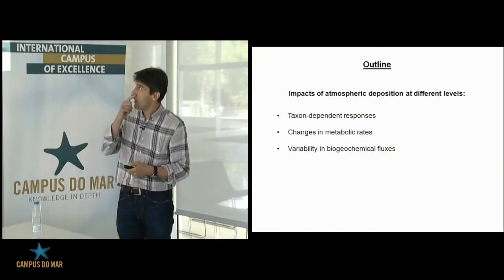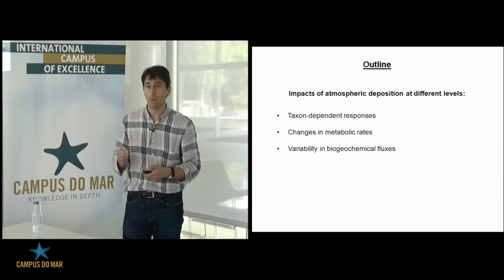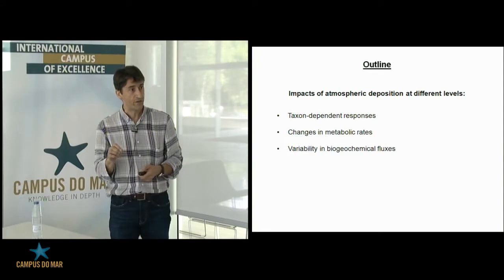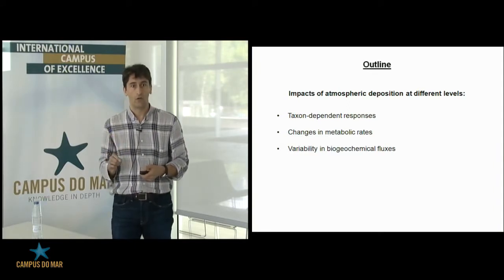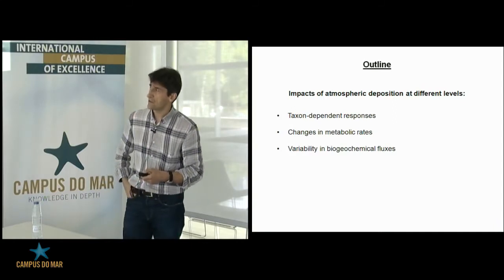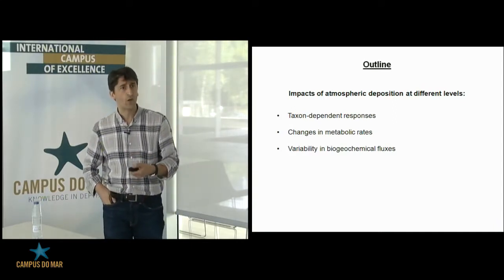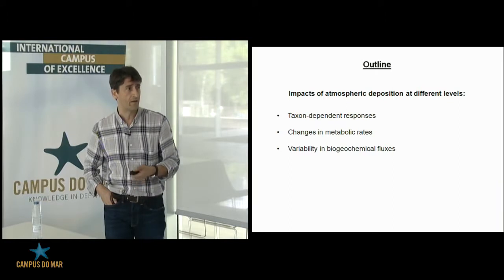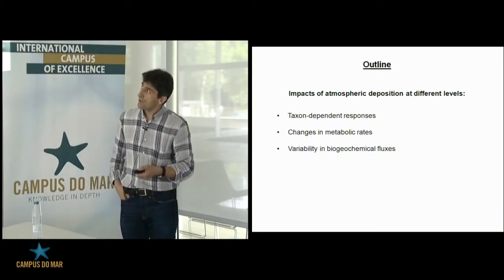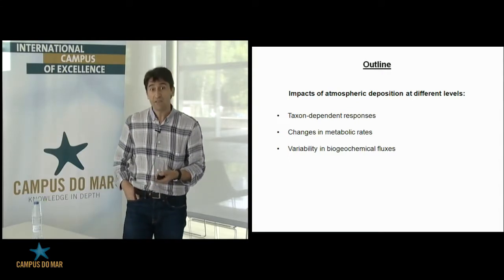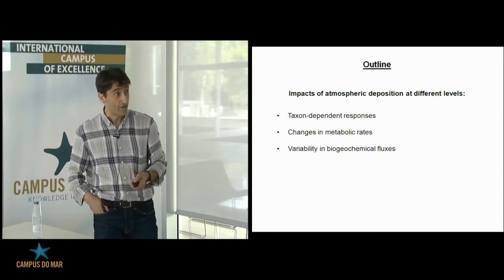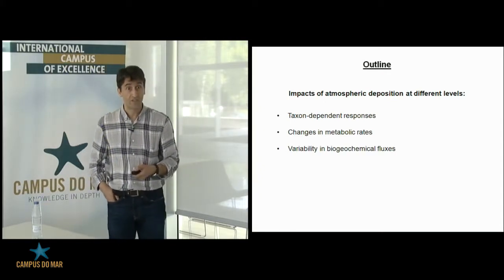The way I've organized this overview is I will try to show how different taxa can respond differently to atmospheric deposition events, and in particular to dust deposition events. I want to emphasize that different components of the community can easily show different responses. I will move on to discuss some changes in key metabolic rates such as photosynthesis, nitrogen fixation, but also heterotrophic processes such as respiration.